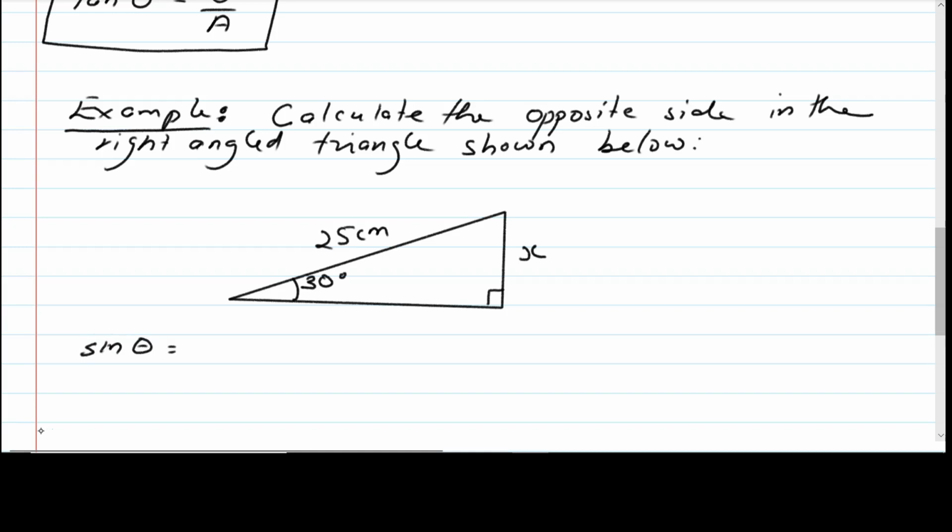I have sine theta is equal to opposite over hypotenuse, cos theta is equal to adjacent over hypotenuse, and over here we've got tan theta is equal to opposite over adjacent. Okay, so let's see what's given in each rule and what we are supposed to find. And I'm just going to use a highlight over here.